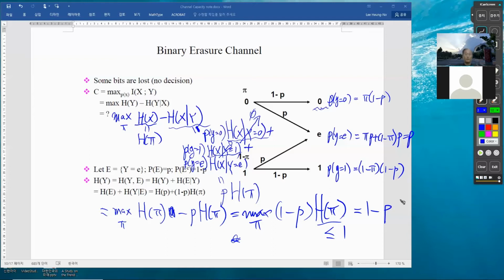So we have 2 different ways to prove the capacity of the binary erasure channel is equal to 1 minus p. What is the physical meaning of this result?